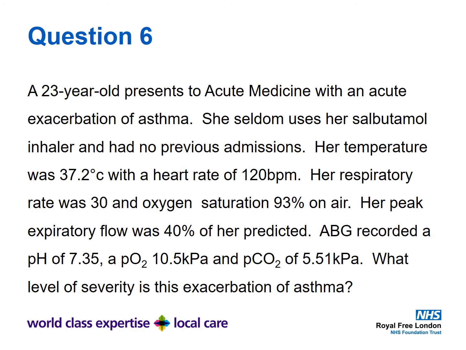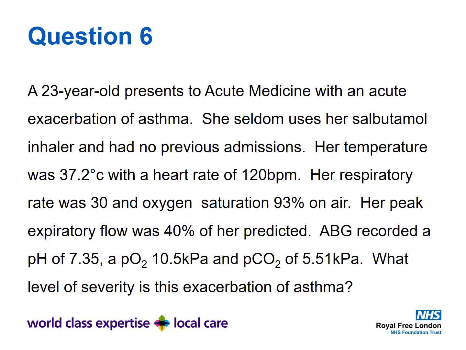Question 6. A 23-year-old presents to acute medicine with an acute exacerbation of asthma. She seldom uses her salbutamol inhaler and had no previous admissions. Her temperature was 37.2 with a heart rate of 120 beats per minute. Her respiratory rate was 30 and oxygen saturation 93% on air.